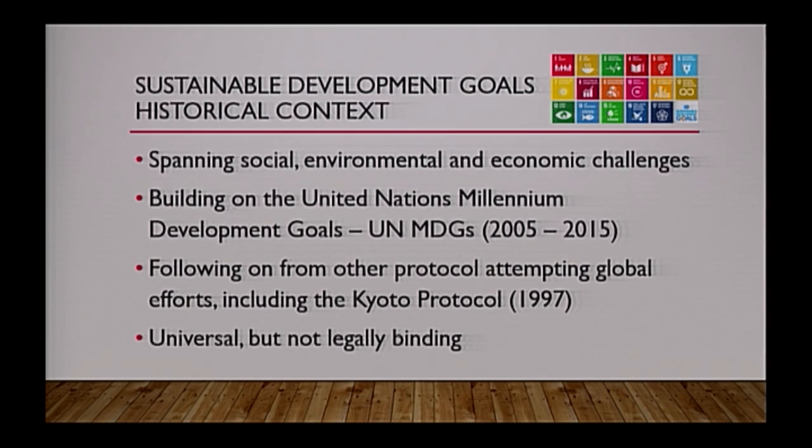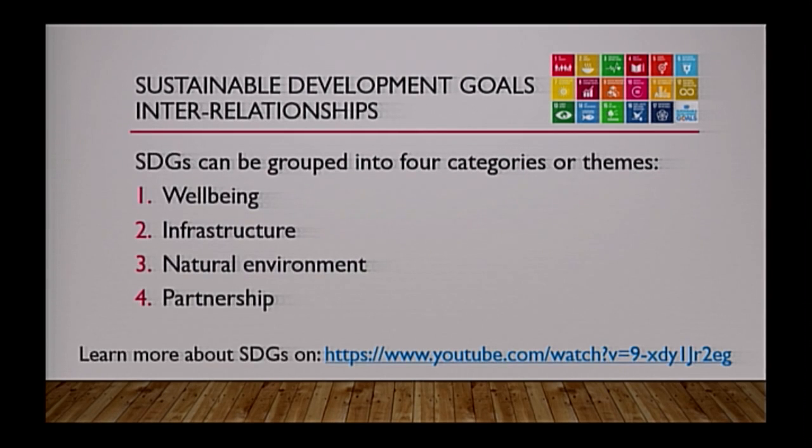So understanding that context then is important when we think about how the UN SDGs can be grouped and understood to move forward in building them into our business practices. So there's no right or wrong, but we have thought about being able to group them into 4 categories or themes, and those are well-being, infrastructure, the natural environment, and partnership.